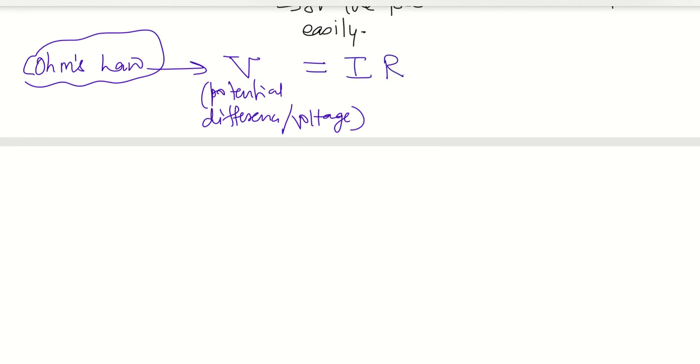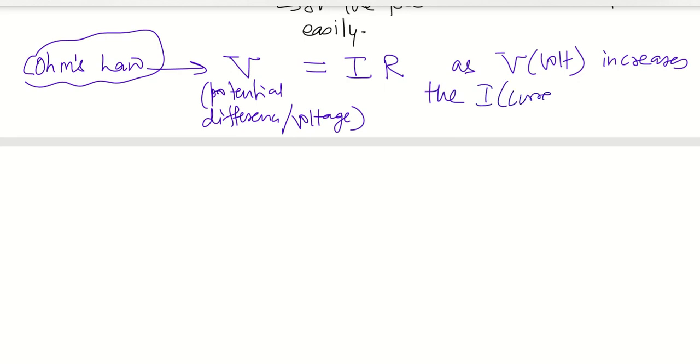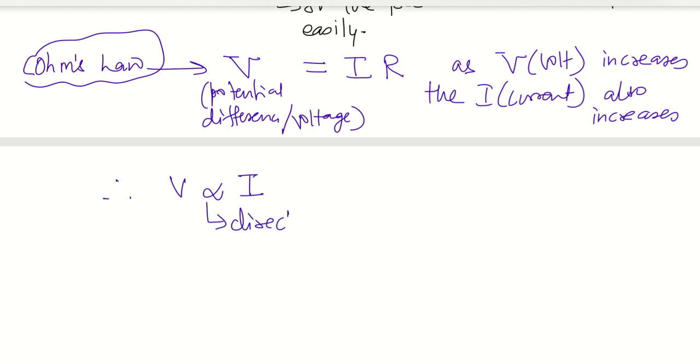What does it mean? It simply means as V, the volt, increases, the I, which is your current, also increases. Therefore, your V is directly proportional to current. This means directly proportional.